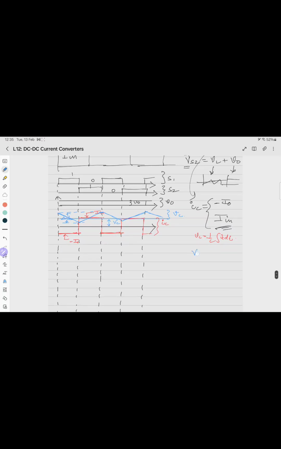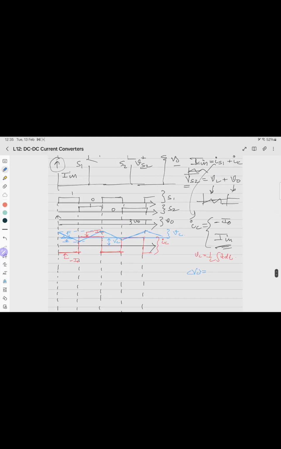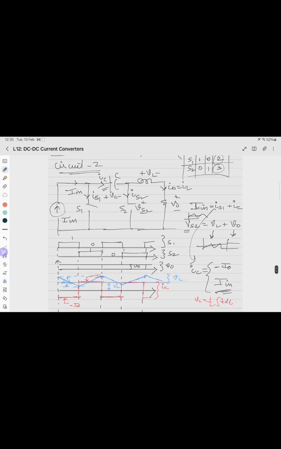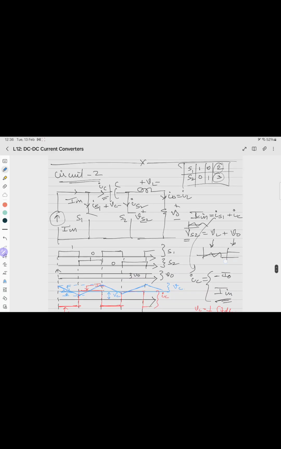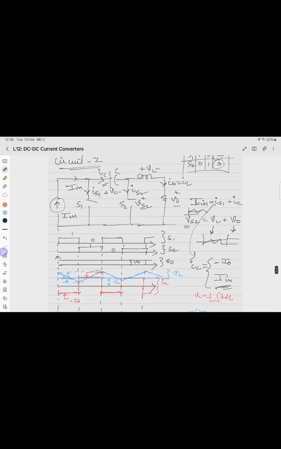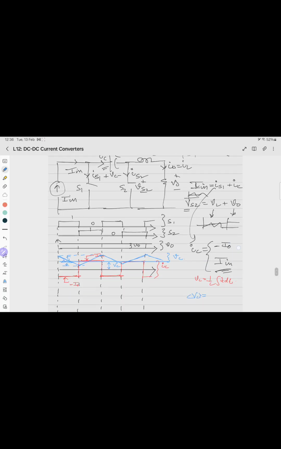So capital VC is the average value of VC, as per the load. And here, ideally, the ripple should be absorbed by the inductor.